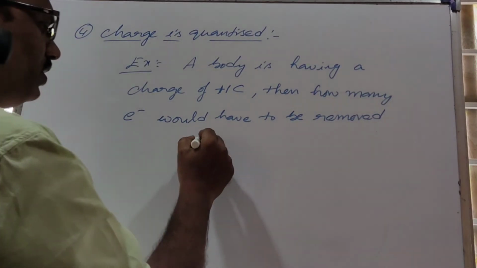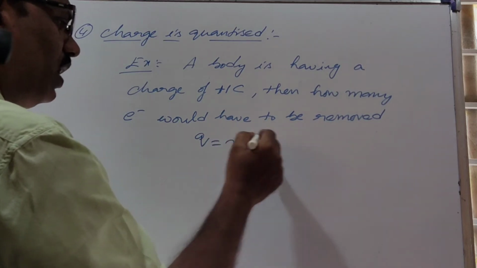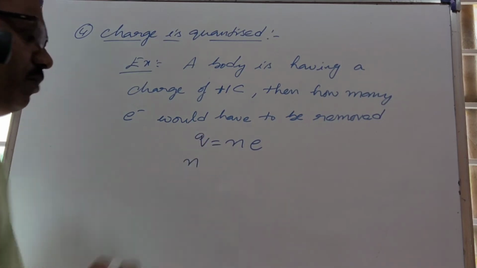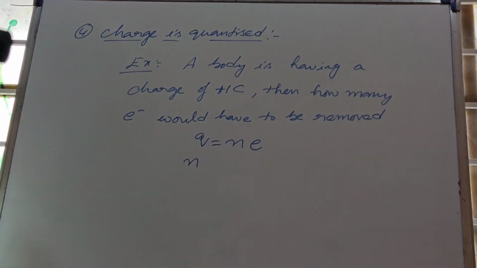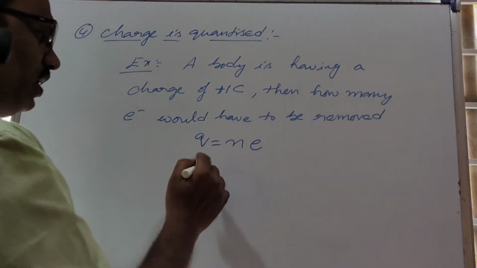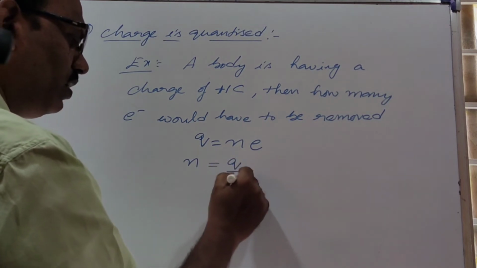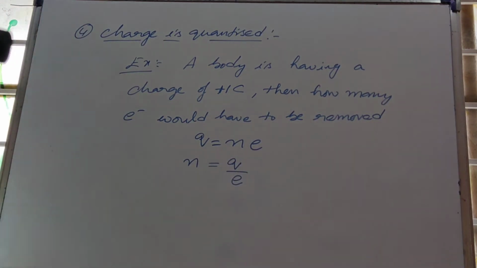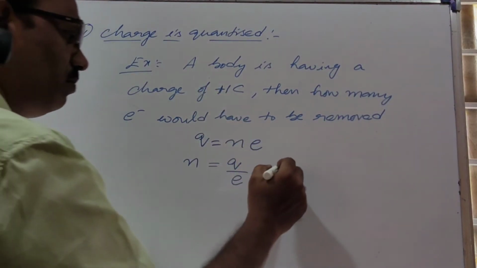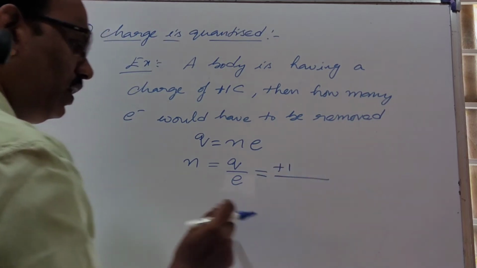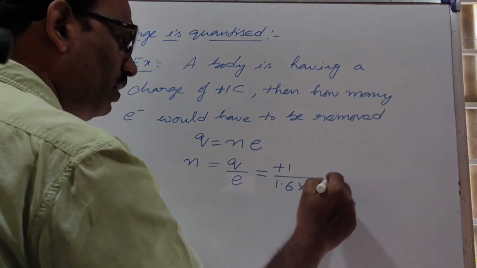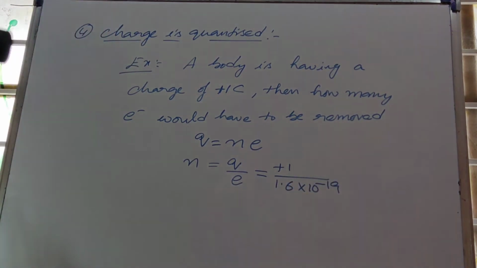Okay, let us take the equation Q is equals to Ne. Then here we are asking to find out the number of electrons to be removed to get a charge of plus 1 coulomb. So N is equal to Q by E, and here the charge on the body is plus 1 coulomb and the charge on 1 electron is equal to 1.6 into 10 power minus 19 coulombs.